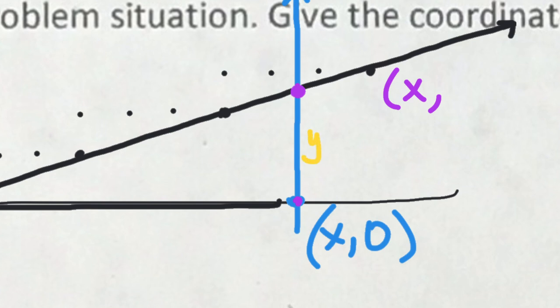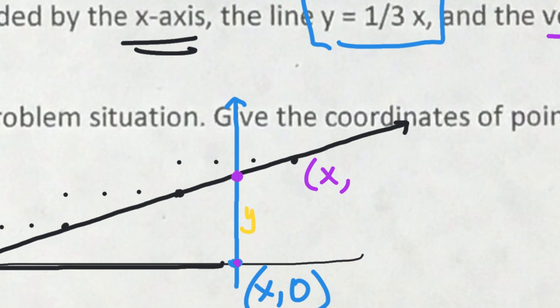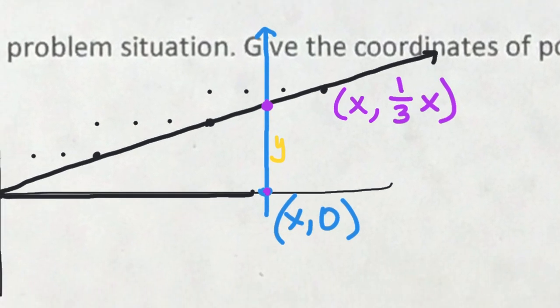Okay, and the y value from our equation is given to you by multiplying x by 1/3. So we have the coordinate x comma 1/3 of x. Every y value along that line is 1/3 of the corresponding x value. Rather than x comma y, we write x comma 1/3 of x.